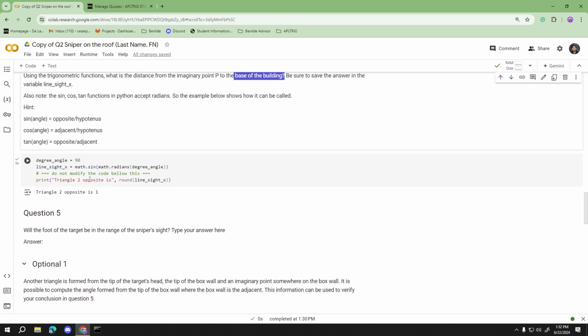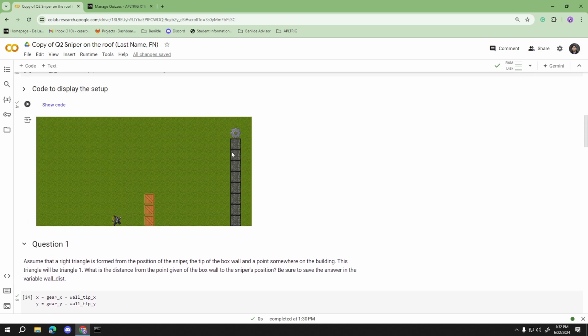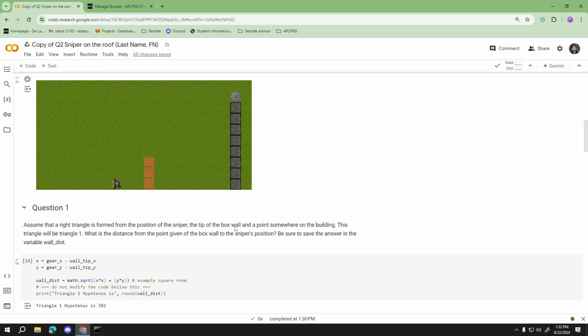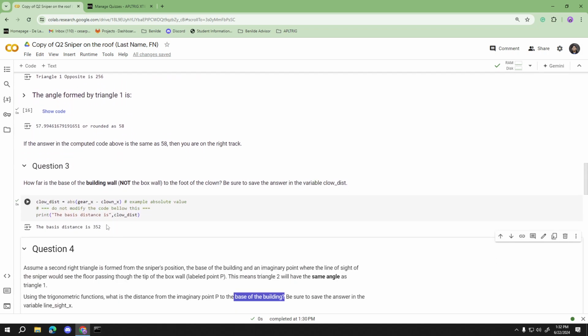So first we have 58 here. This is given. We also have an angle, which is 58. So this is the adjacent, this is the opposite, given we're looking at the angle here. So where is the adjacent?